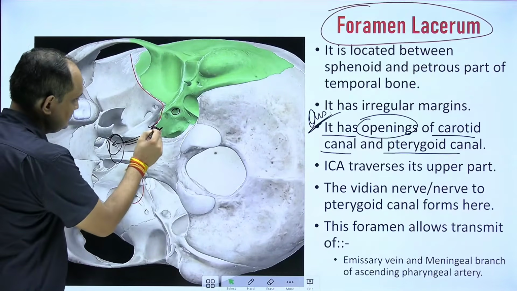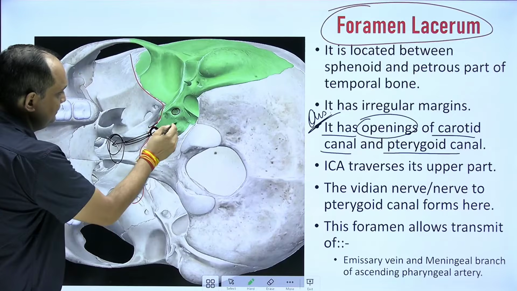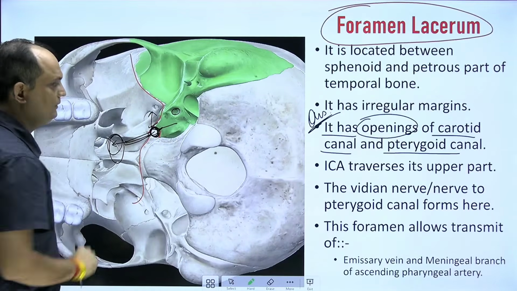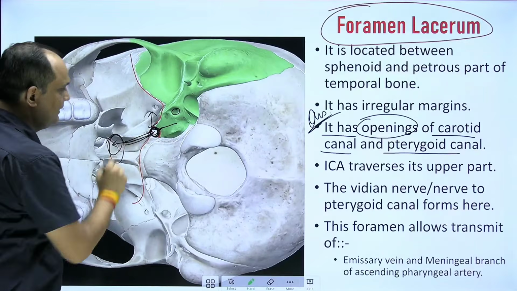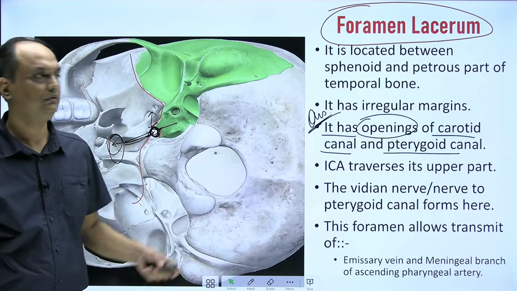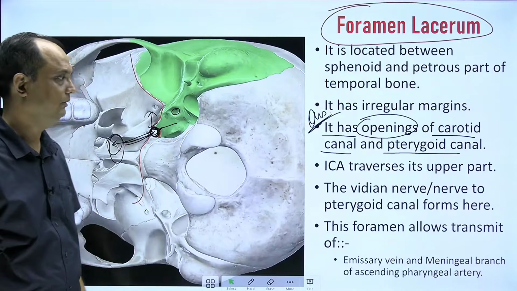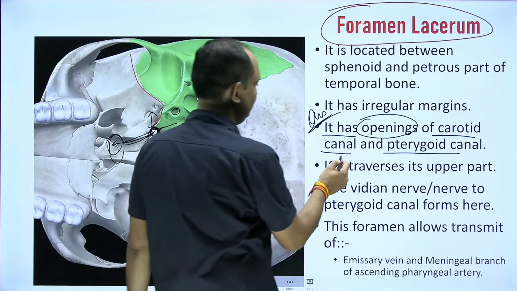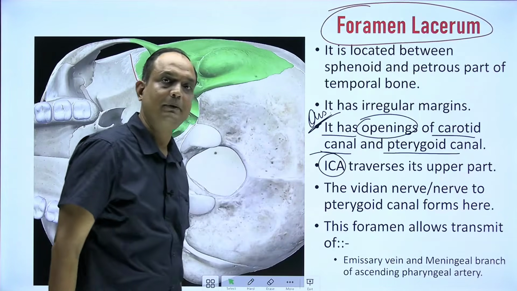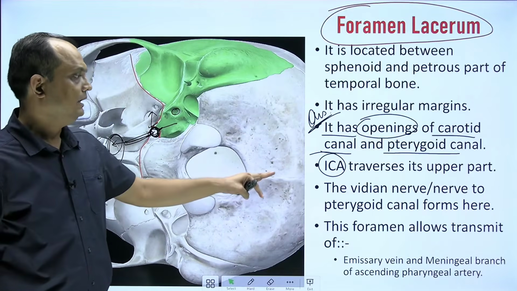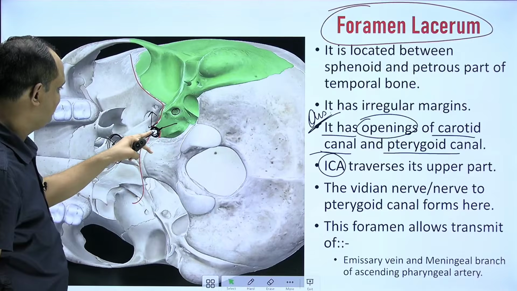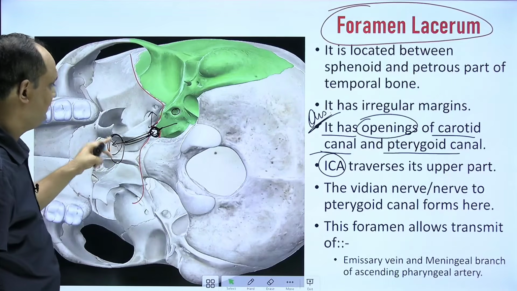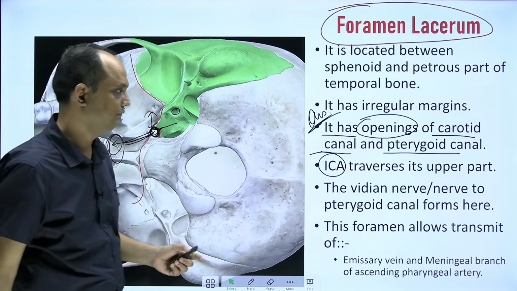So, in this foramen lacerum you have posteriorly continuity with the carotid canal, and anteriorly you have a small opening here, that is the opening of the canal of pterygoid, or pterygoid canal. That is why the internal carotid artery traverses the upper part of the foramen lacerum. The nerve of the pterygoid canal passes through its anterior end and ultimately reaches the pterygopalatine fossa.